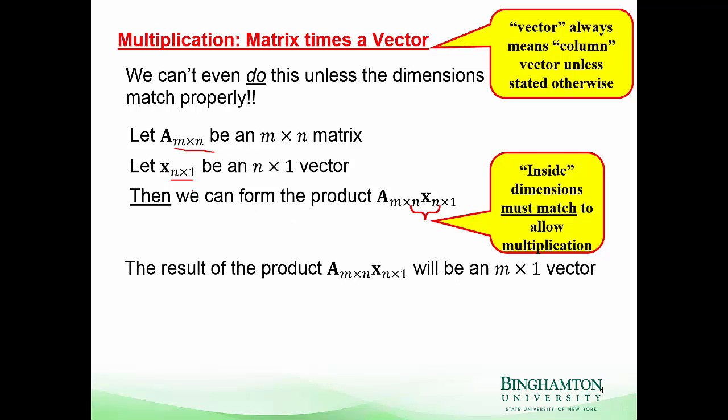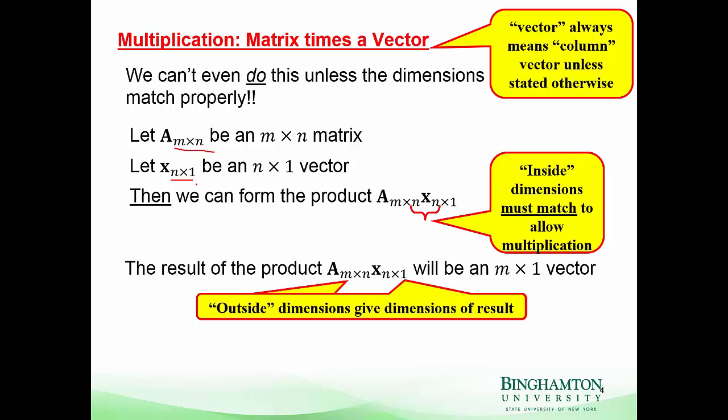And the other cool thing, a little way to remember this, is that as long as the inside dimensions match, the result will be a general matrix or vector whose dimensions are given by the outside dimensions. So in this case, the result of this m by n matrix A times an n by 1 vector will give us, looking at the outside ones, m and 1, an m by 1 vector.